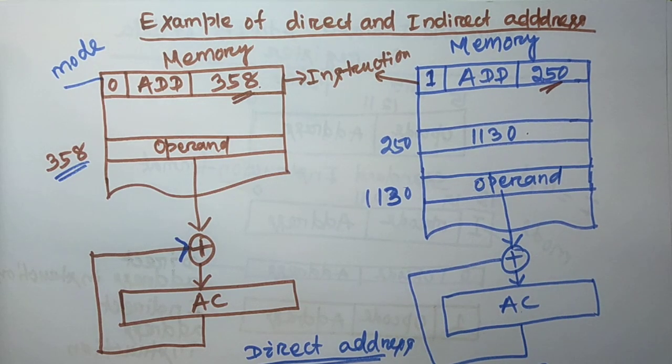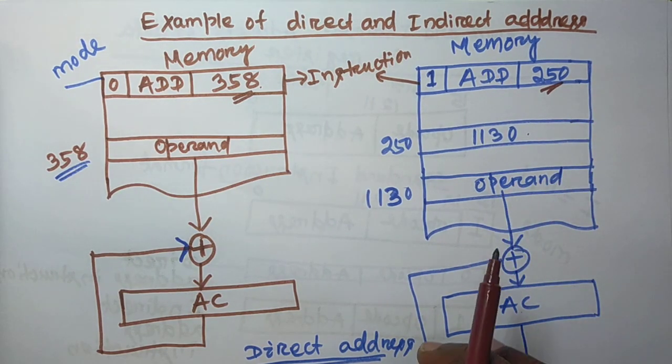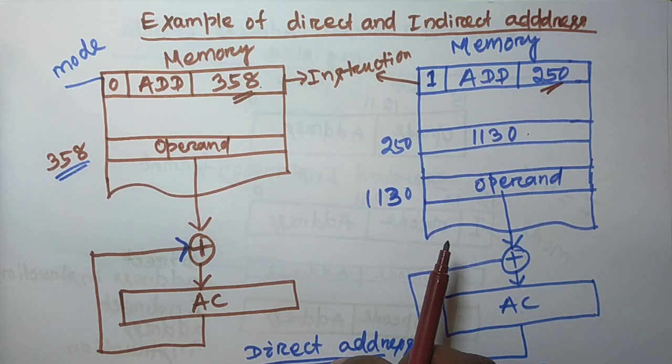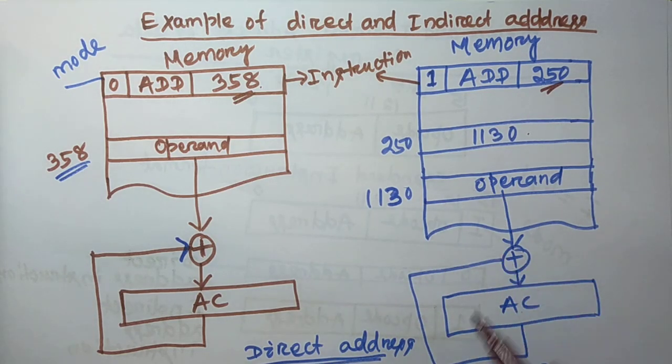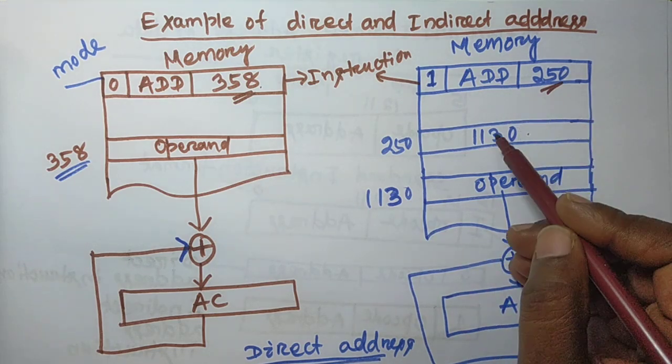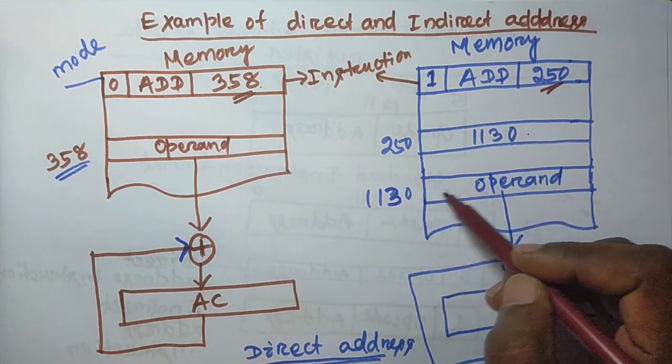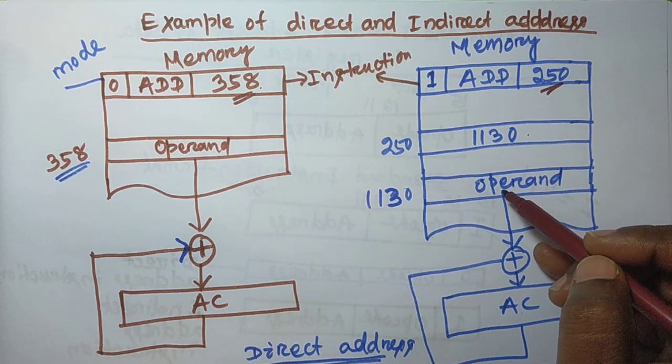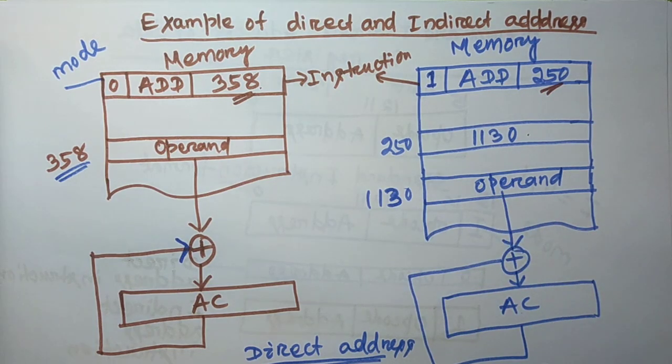Since we can't find it directly, the pointer searches a number of times. That is 2 times: the address is not found here, again here, suppose not there, another address is there, again another address having some operand, like this.